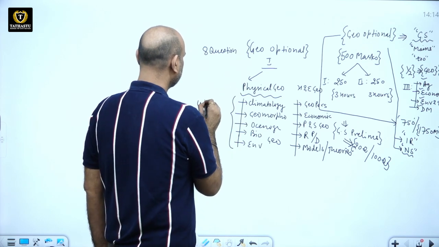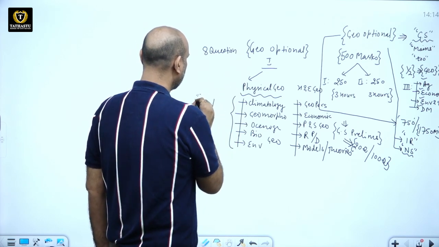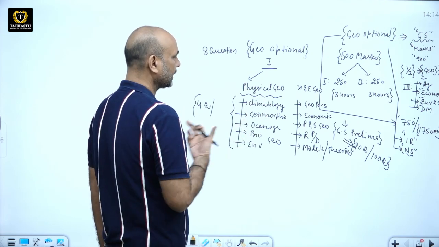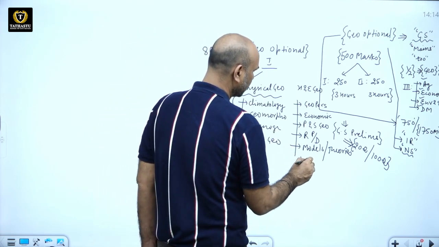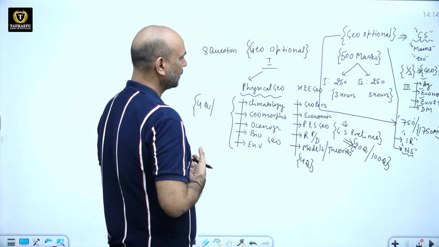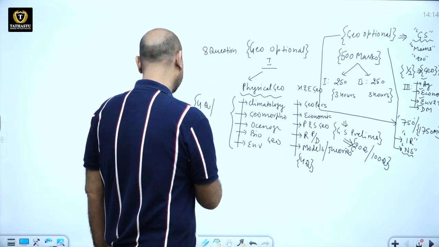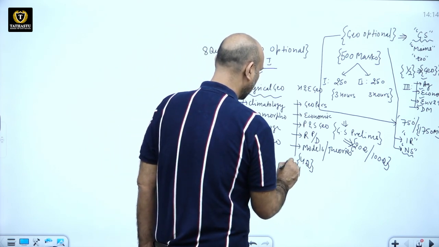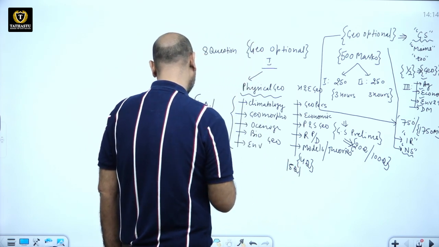4 questions are from the physical geography section, the first section, and the 4 questions are from human and economic geography, in which the first question and the 5th question are compulsory with short notes.